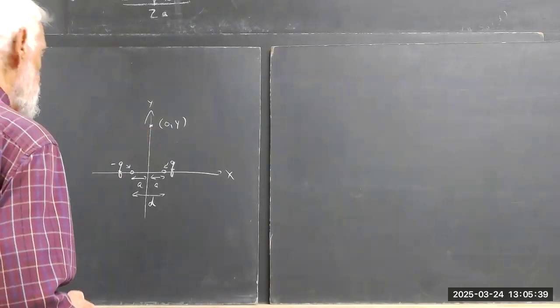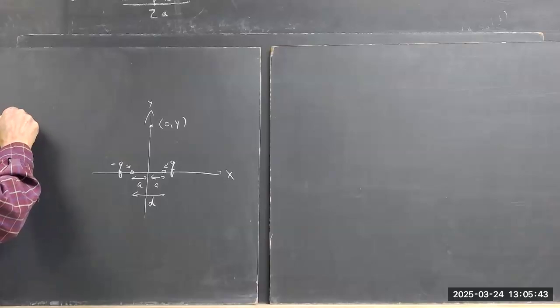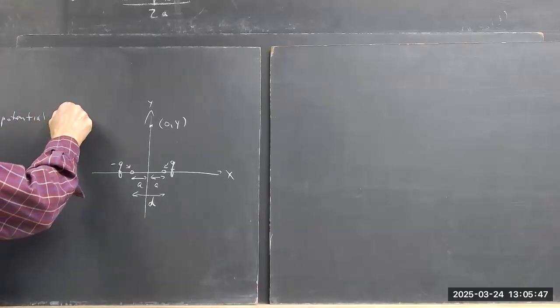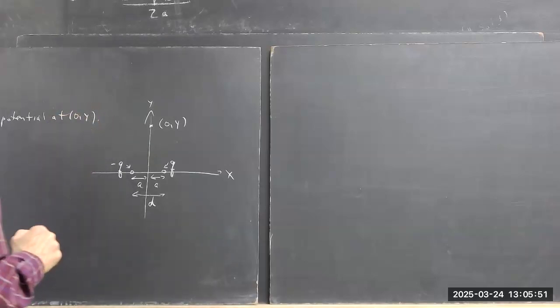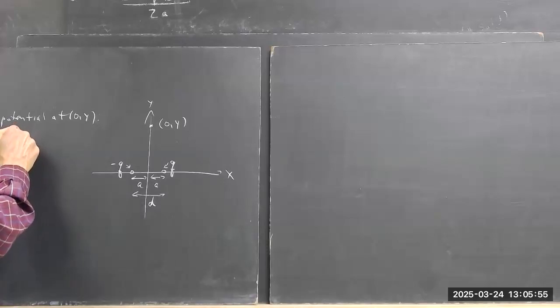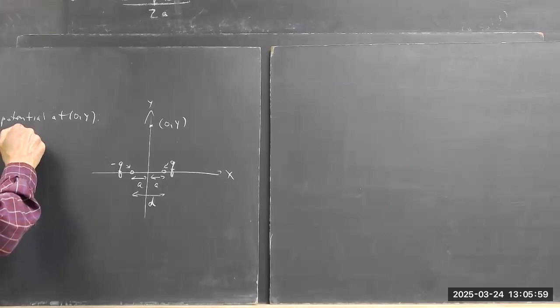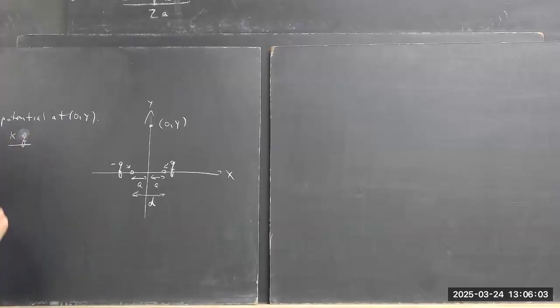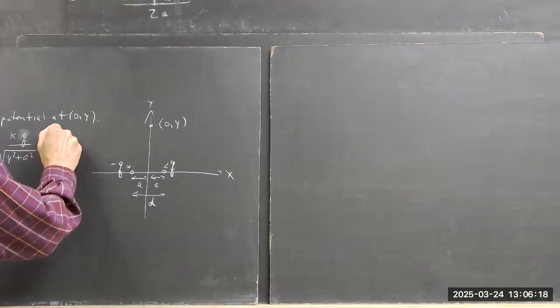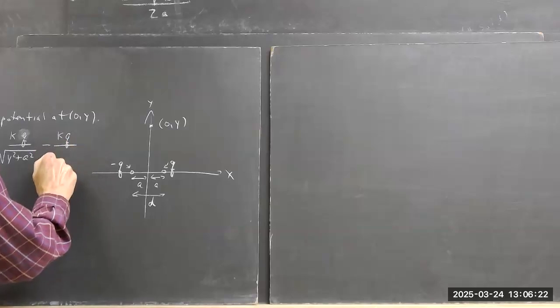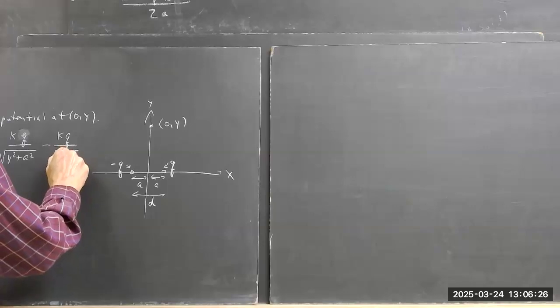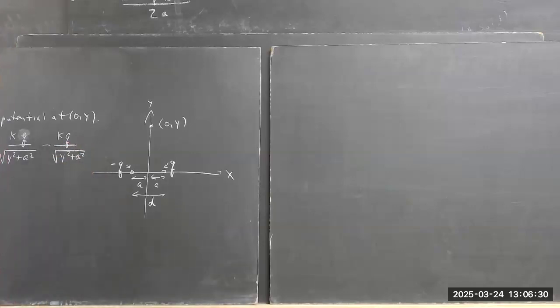So we can easily write down the potential. It's kq over the square root of y squared plus a squared, minus kq over the square root of y squared plus a squared.